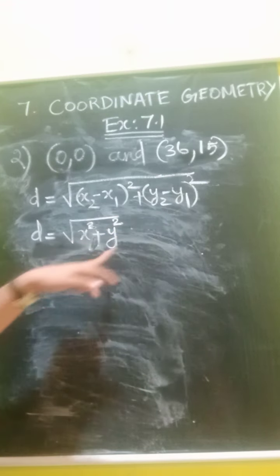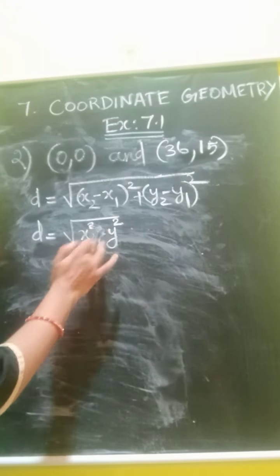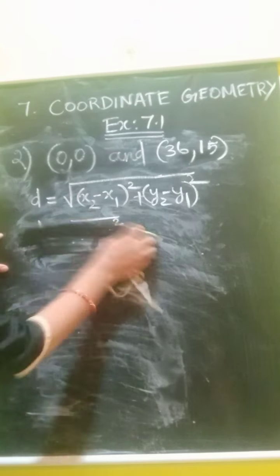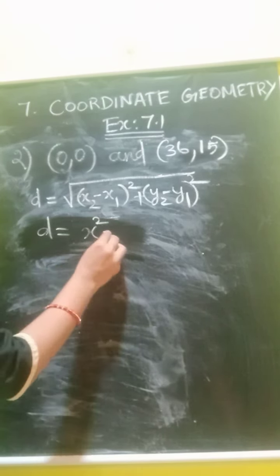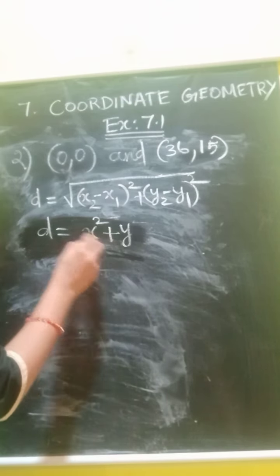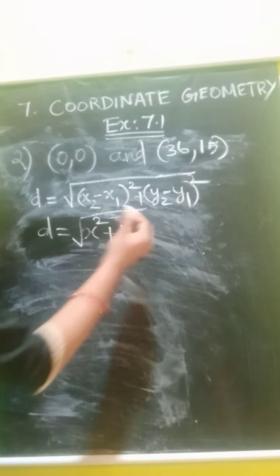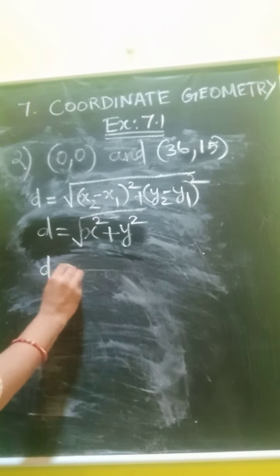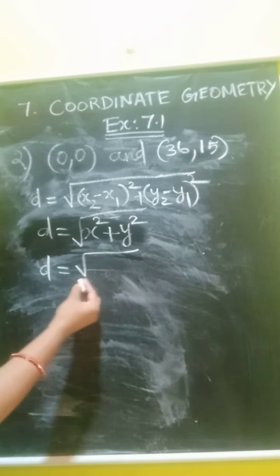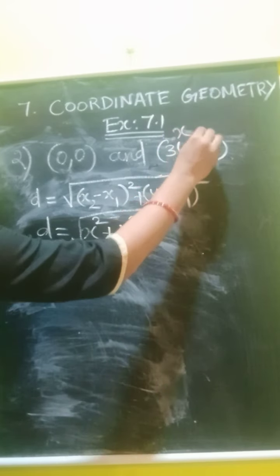So the formula gets reduced to d is equal to x square plus y square within square root. So now the distance is going to be, this is x, y.